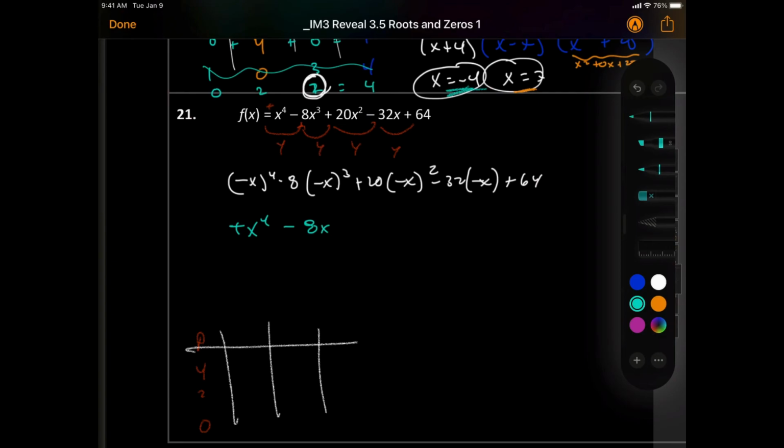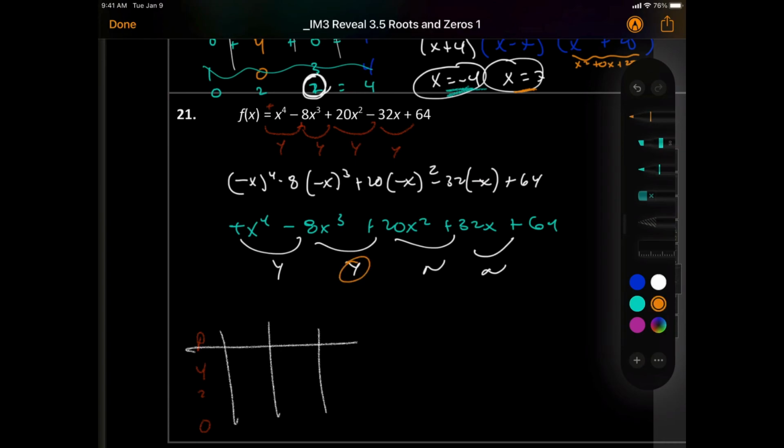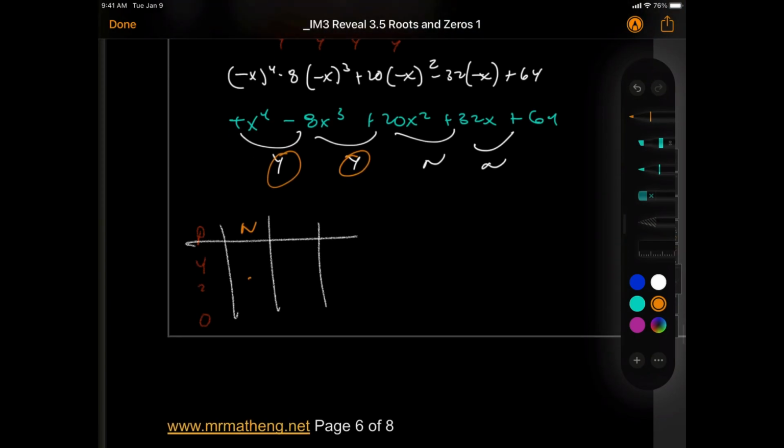Negative 8x to the 3rd plus 20x squared plus 32x plus 64. Yes, yes, no, no. So negatives, we can have 2 or 0. Let's just try putting that in for now.